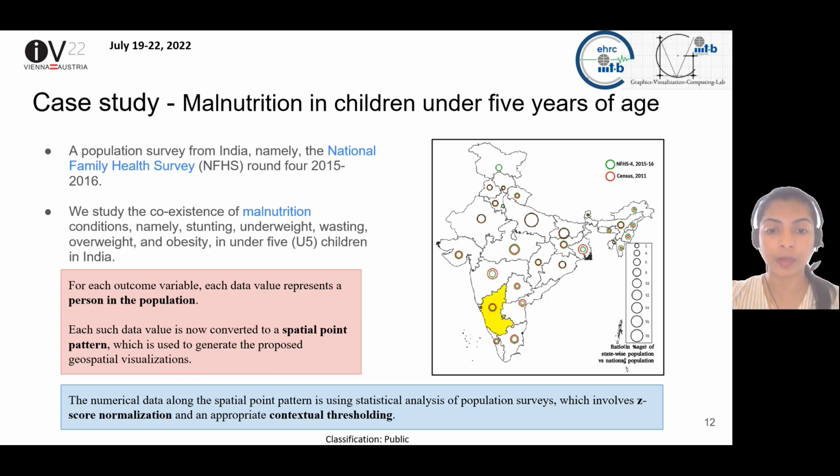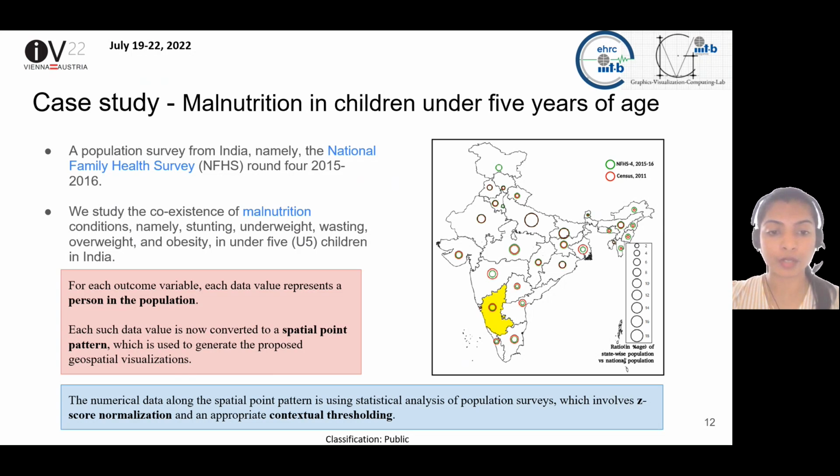For stunting, underweight, and wasting, the presence is indicated by values of less than or equal to -2 Z scores. These undernourishment measures are standardized for the malnutrition status of children from WHO.